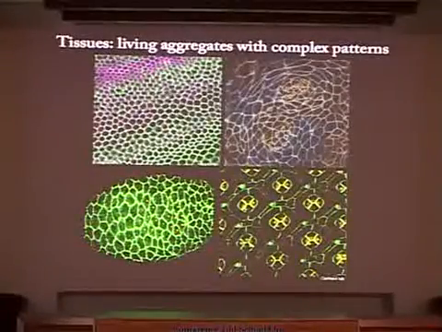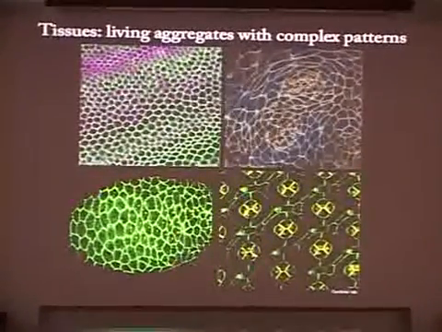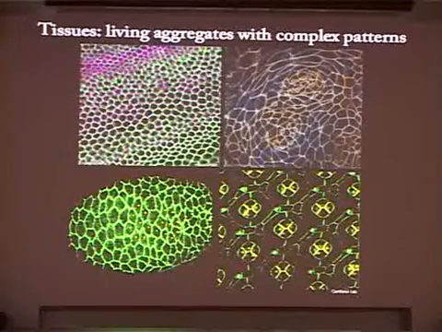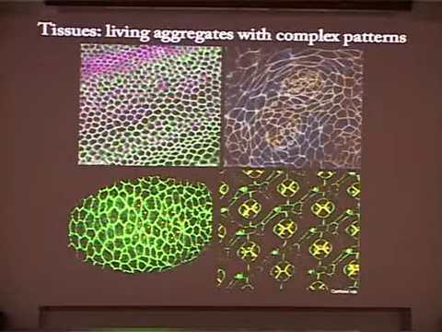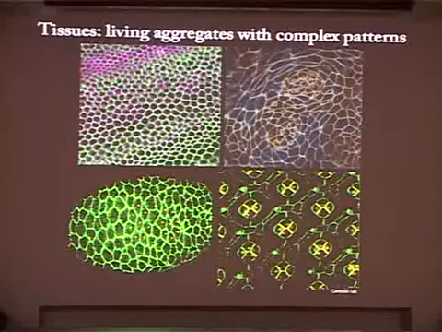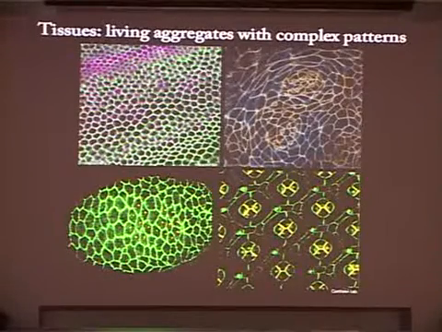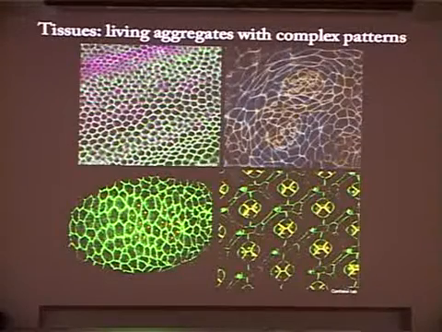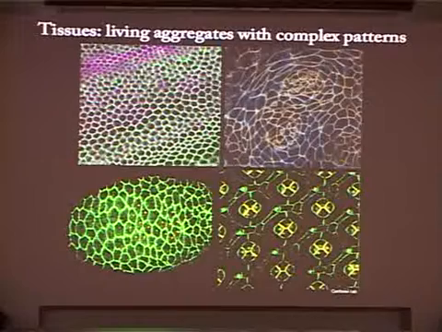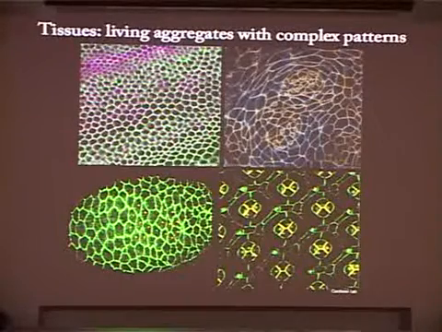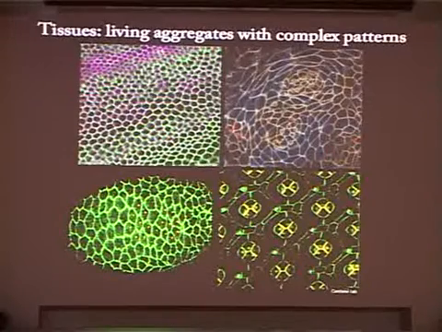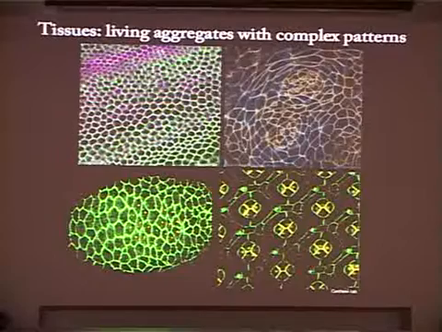So I'll start off by saying one can think of tissues as living aggregates. Madan will probably like to call cells active, deformable particles that are compacted. But that doesn't describe the diversity you see in the way these cells can be packed in tissues.